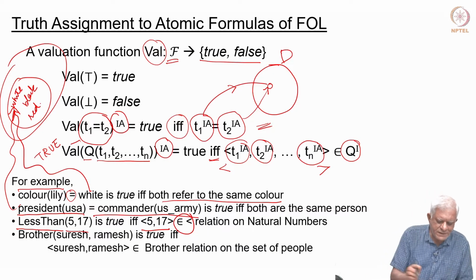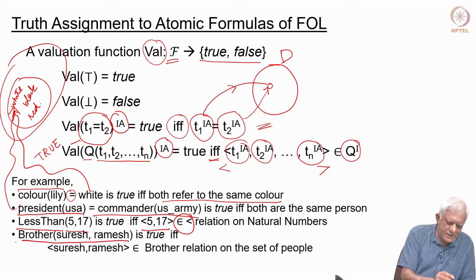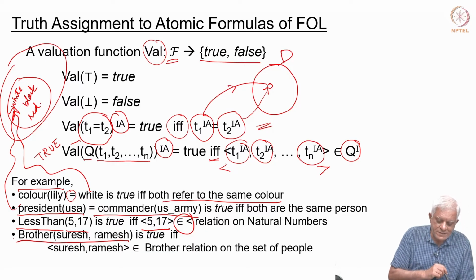In a similar fashion, if I say the sentence brothers Suresh Ramesh is true, so here I have skipped out the mapping part. Remember that Suresh under the interpretation, and of course, Suresh is a constant.